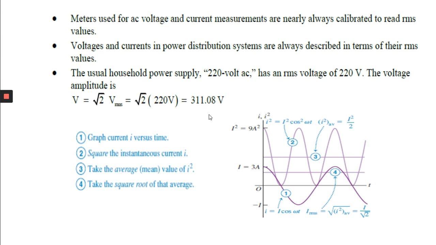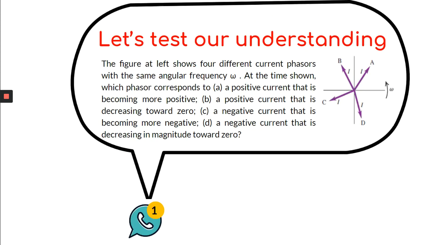Okay. Now let us see how much you have understood. We have discussed many things about phasors, and I have told that this phasor diagram is very much important to describe the current and voltage for different AC circuits.